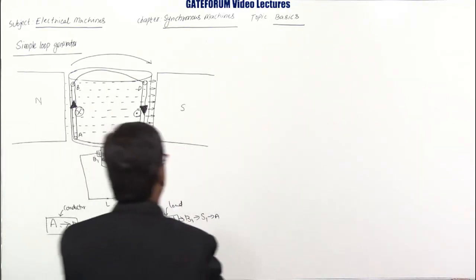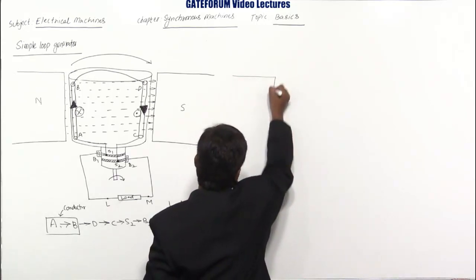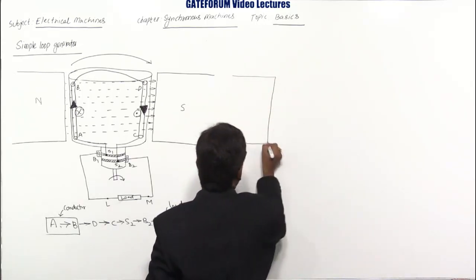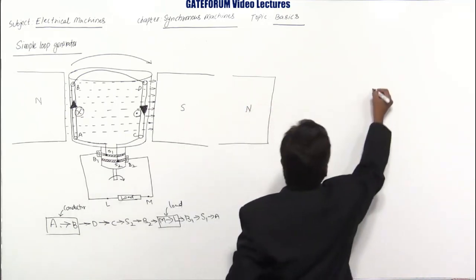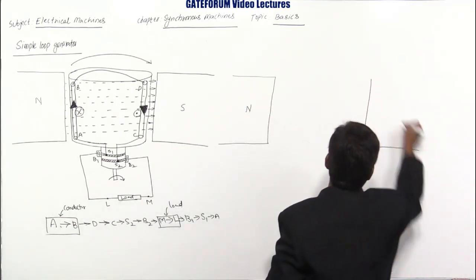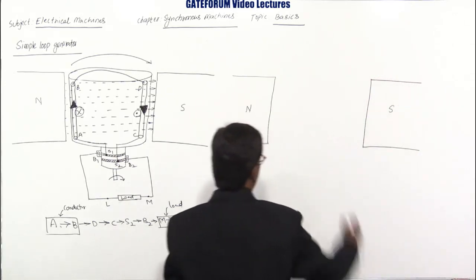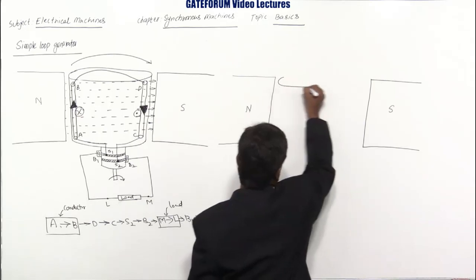So we'll see the position after half rotation. Here you have the north pole, here you have the south pole, and in between you have the loop.